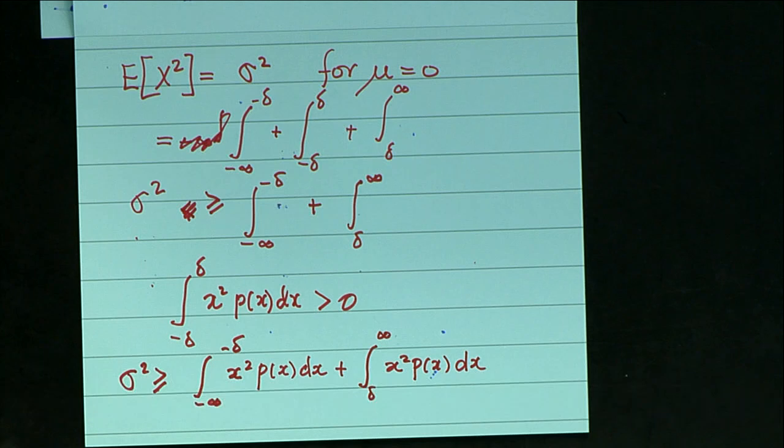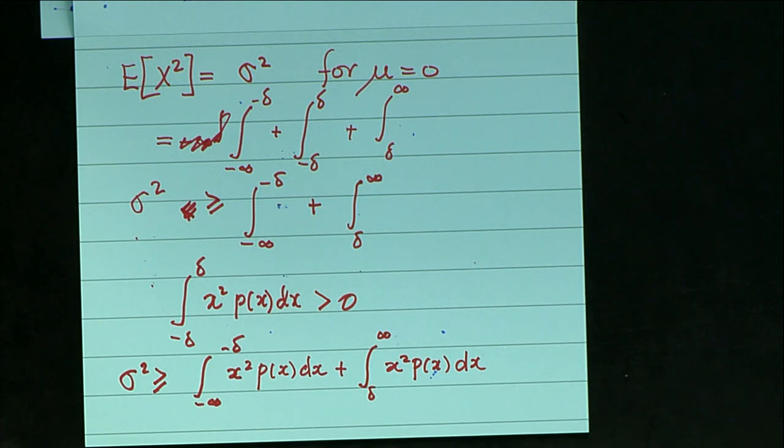Now, this means that x squared is going to be larger than delta squared, isn't it?